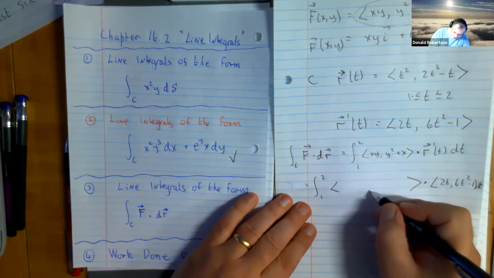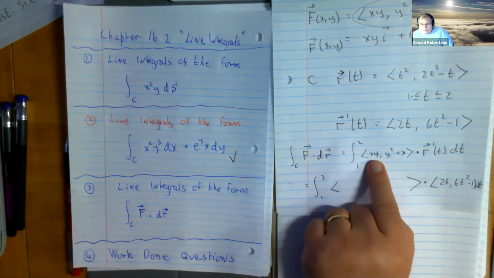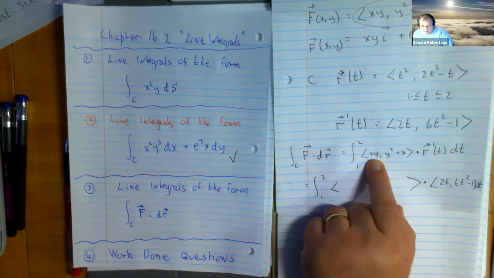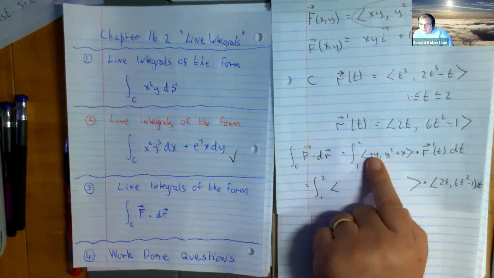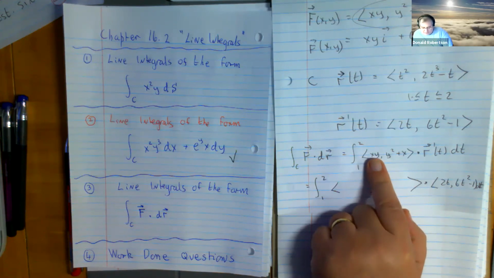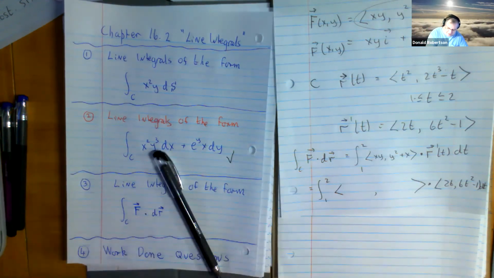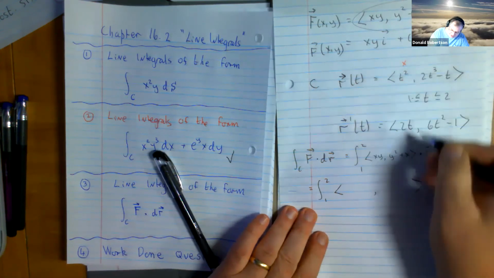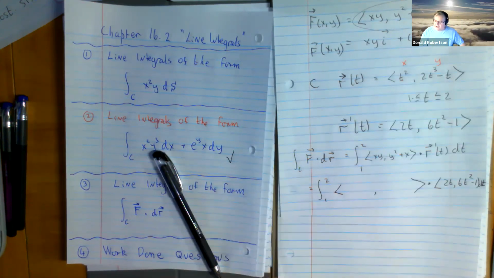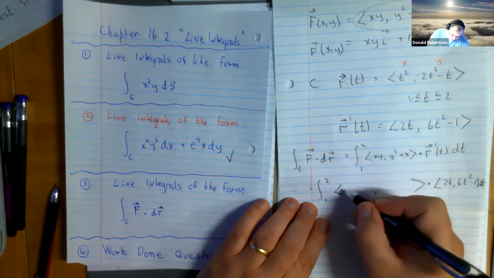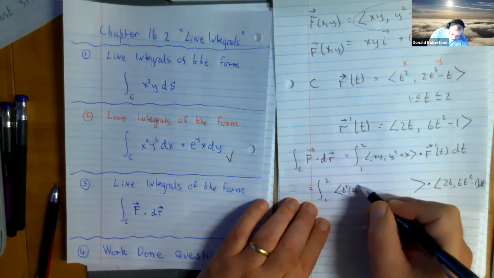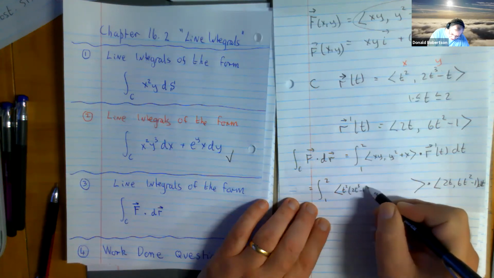Oh, wait a minute here. What do you think I'm going to do with x, y, and with y squared plus x? I'm not going to keep them as x's and y's, right? I'm going to turn them into t's. And won't I use that that's essentially who x is, and that's essentially who y is? So the first fella says x, y, and that becomes t squared, 2t cubed take away t.